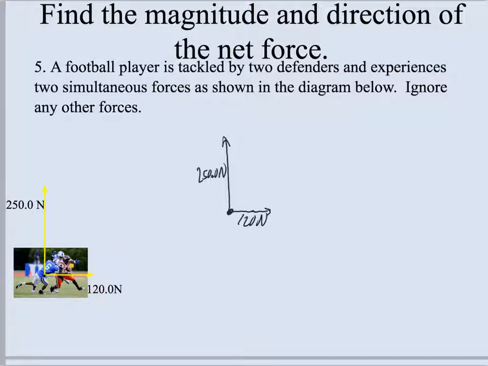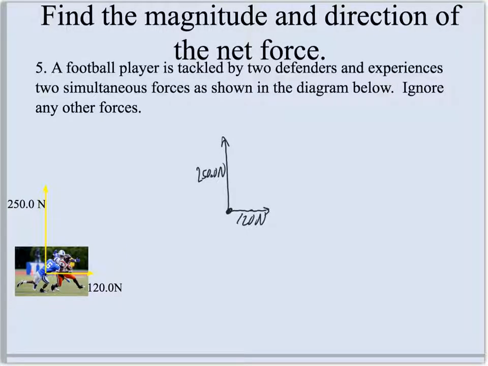Well, if we did our parallelogram method, what we're trying to do is find that vector right there, and we're trying to find that angle. You could also draw it like this, a little different than you see in the picture on the left there. 250 this way, and then 120 to the right.